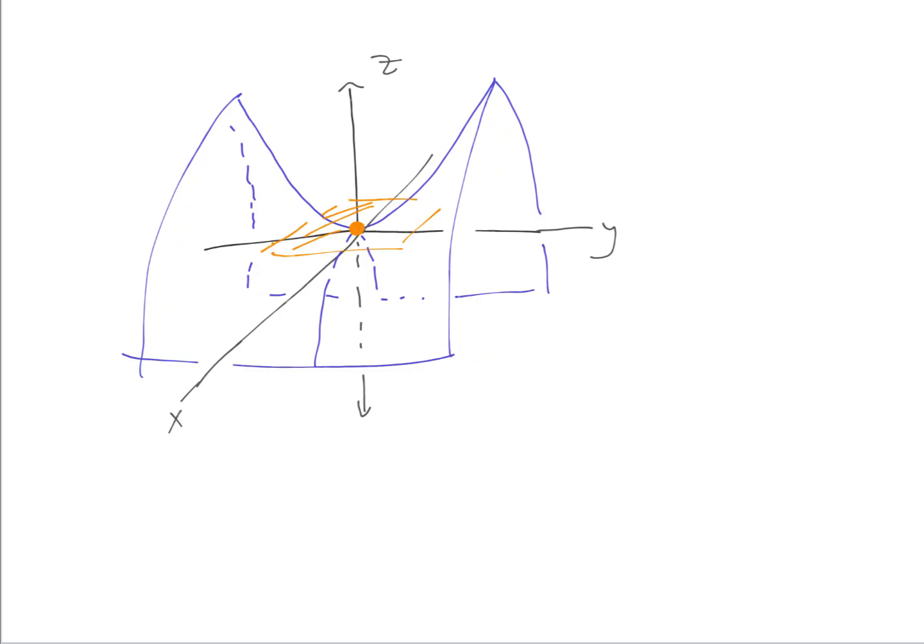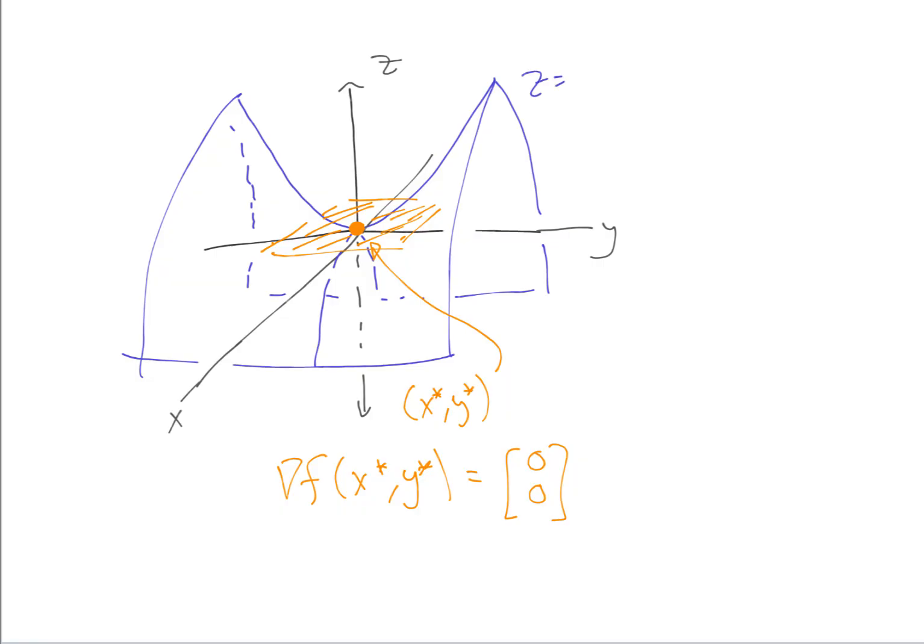And in this case, although the gradient is equal to 0 here, so if that's our x star, y star, at this point, both the first order partial derivatives of our function z equals f of x y are equal to 0, but we have neither a local min nor a local max. We have a saddle point.